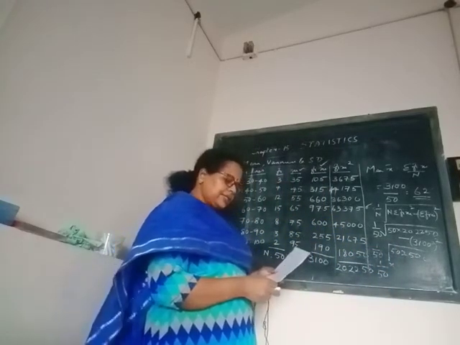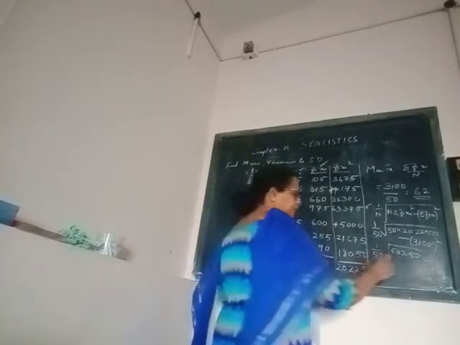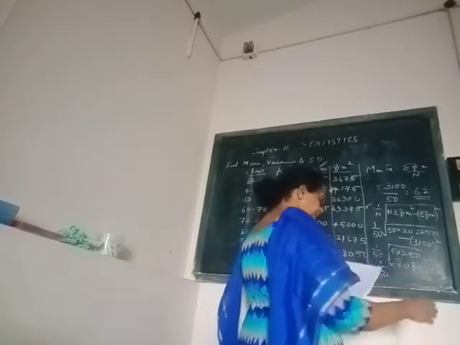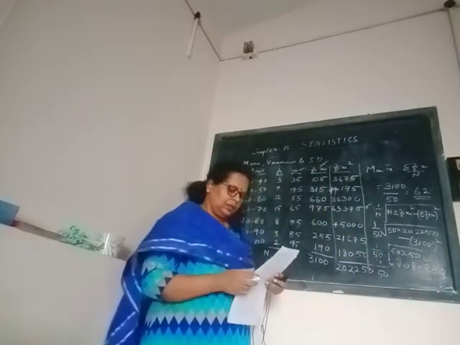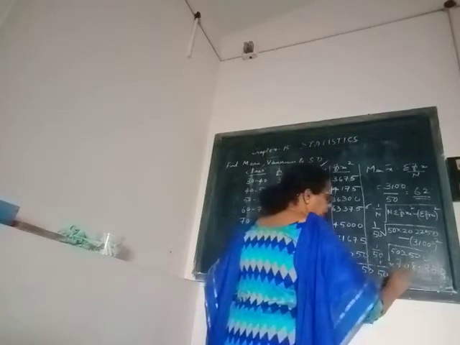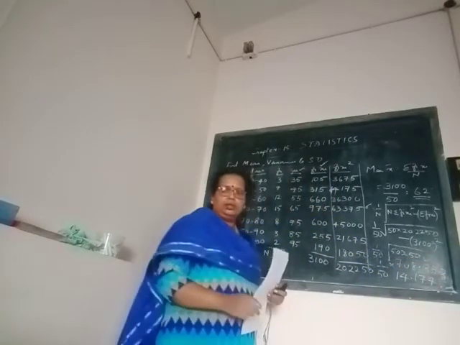That square root you will get as 708.872. Then divide by 50. When we divide by 50, we will get the answer 14.177.